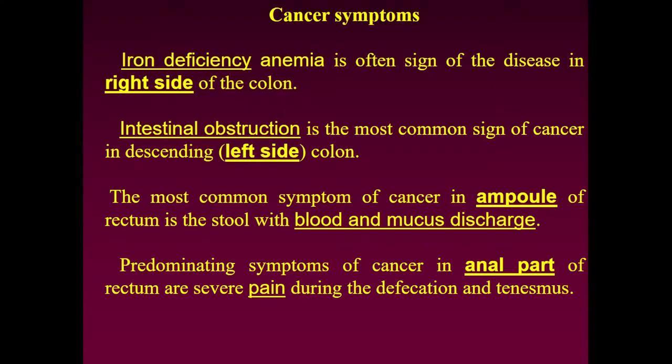Cancer symptoms. Iron deficiency anemia is often a sign of the disease in the right side of the colon. For a tumor localized in the right side of the colon, the first complication will be anemia before obstruction. But in the left side, the first complication will be obstruction, then anemia.